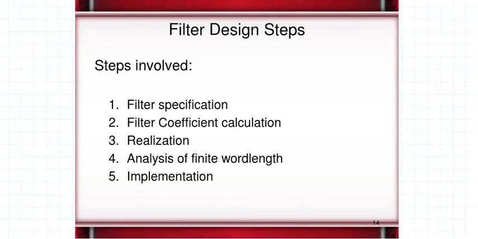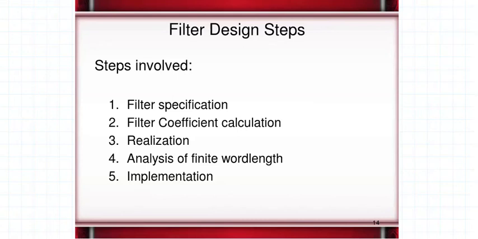The next step is analysis of finite word length. Before we implement it in a processor, we need to understand the processor specifications, what the word length of the processor is, and what the effect of the word length on the coefficients of the filter is.